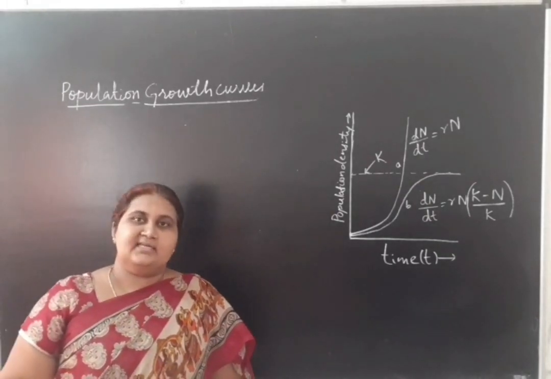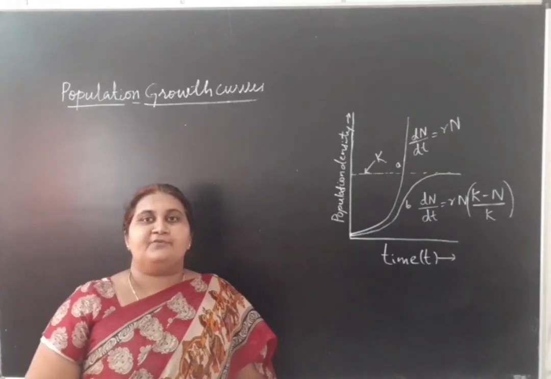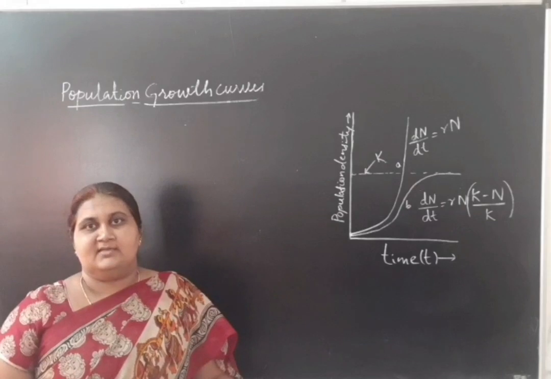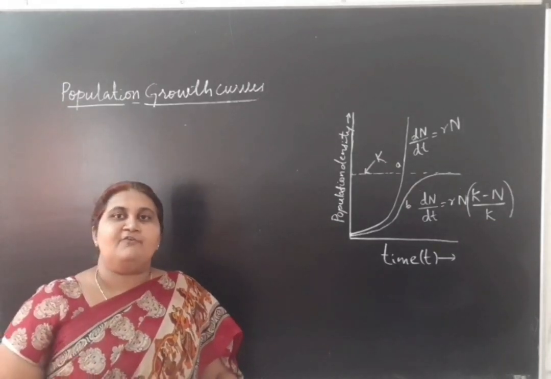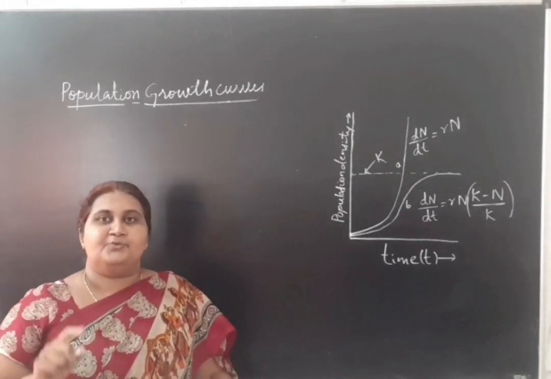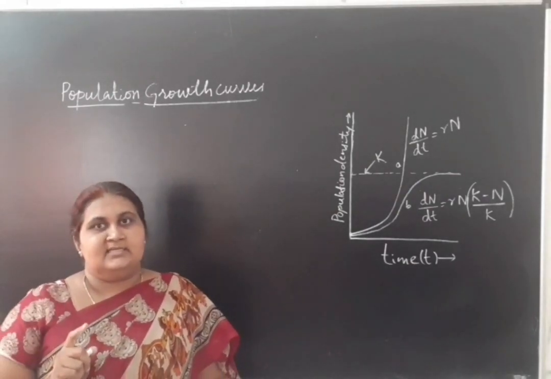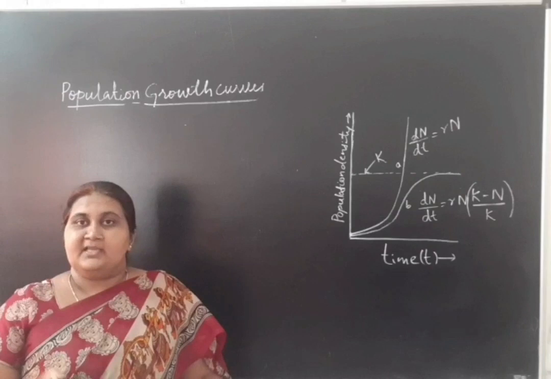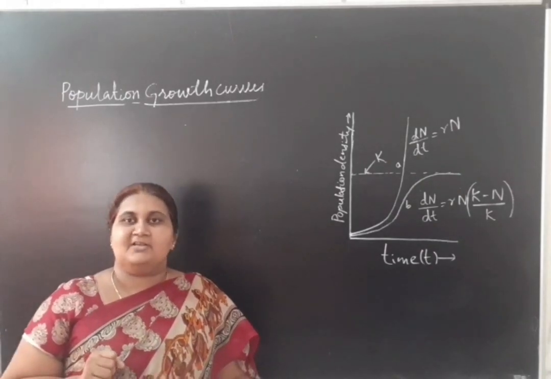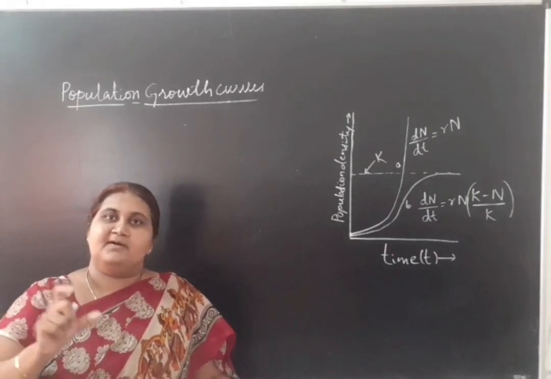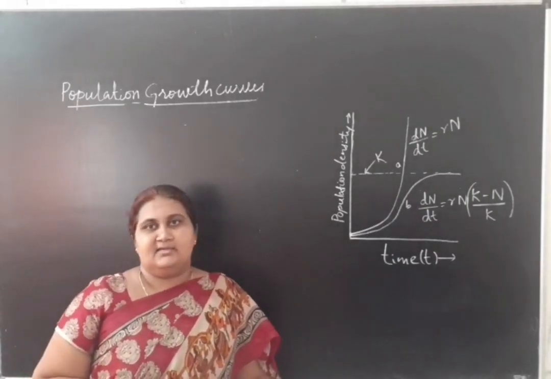Similarly, mortality, death rate, is the loss of individuals per unit of population per unit time due to death. In the last class you have studied. In humans, mortality is calculated as loss of individuals per 1000 per year.